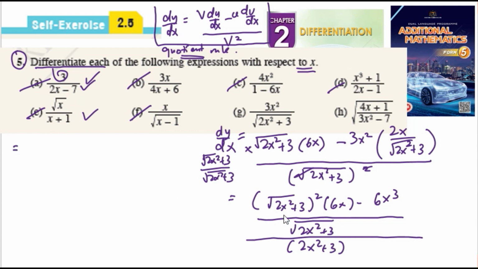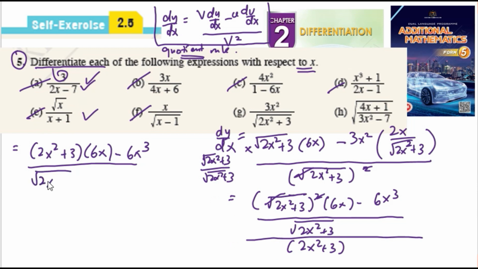So you have 2x squared plus 3 times 6x minus 6x cubed, divided by this one. When this one over this one is divided again, we will combine this one below. So here you get the square root of 2x squared plus 3 times 2x squared plus 3.